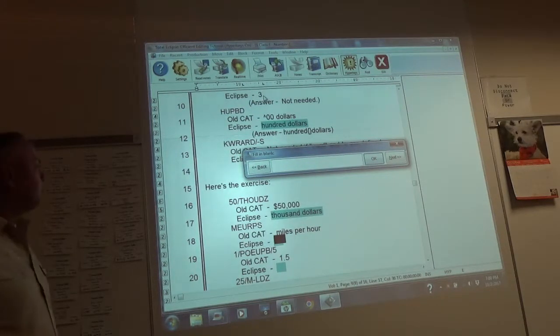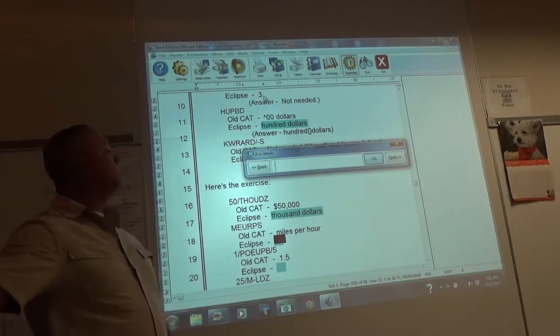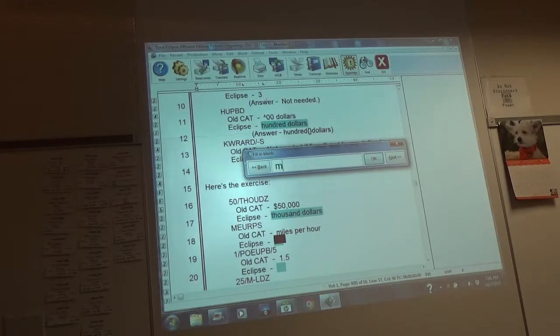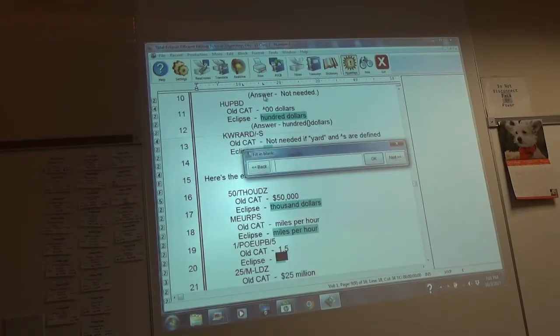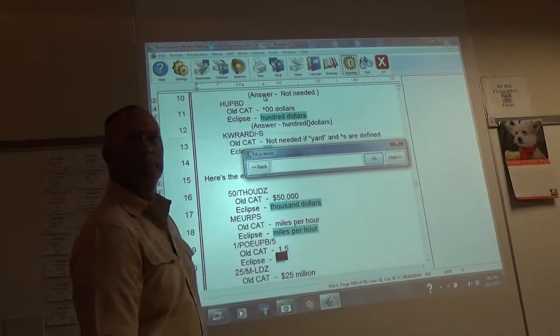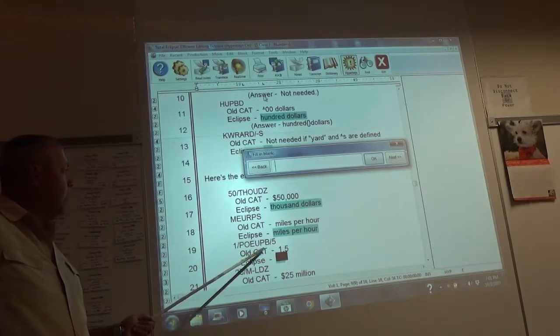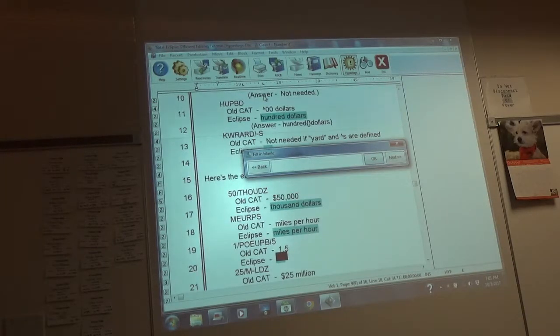What about here? Miles per hour. That's all you do. Put the miles per hour. What about here? Michelle, what do I define? A 1.5. The point. How do I do it? Global.